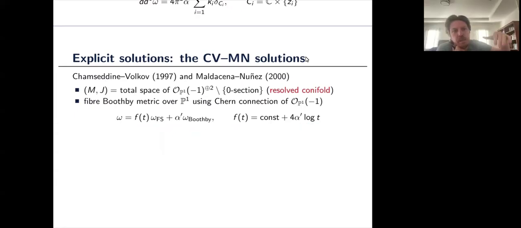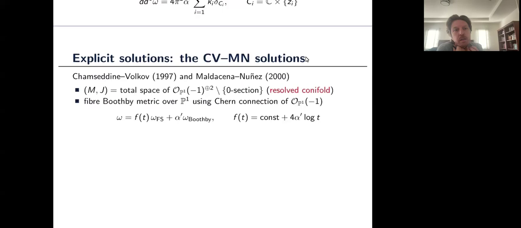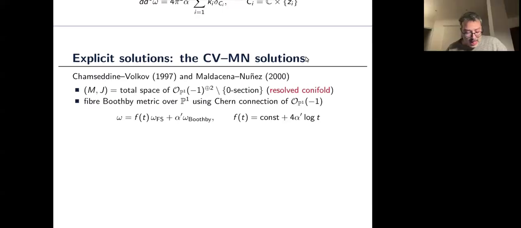T here is the cylindrical direction in the Boothby, correct. Yes. And it turns out that the reason you need this logarithmic correction is coming from, maybe a physicist would like to say, the back reaction of the curvature of the Chern connection of O(-1) over P1.